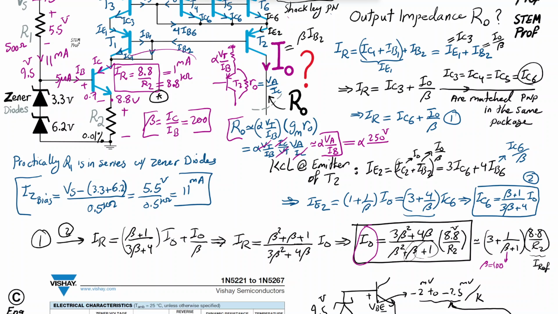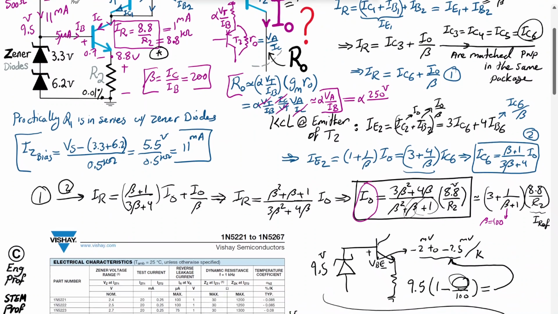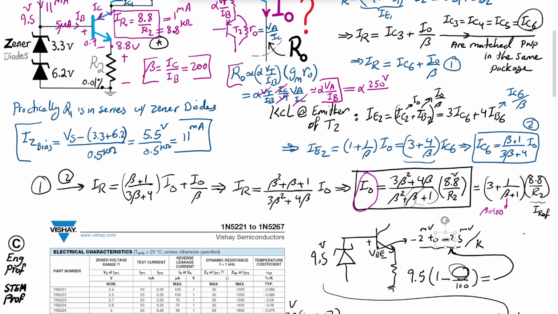Well, we just designed the whole thing to have a 1 milliamp reference current, and we just learned that the output current, which is the collector current for T2, is here, I out. The output current is equal to 3 times the reference current.